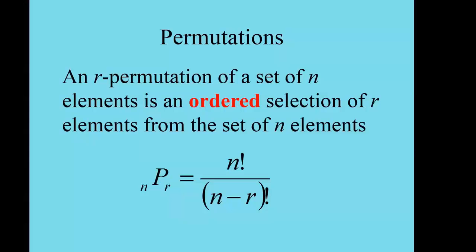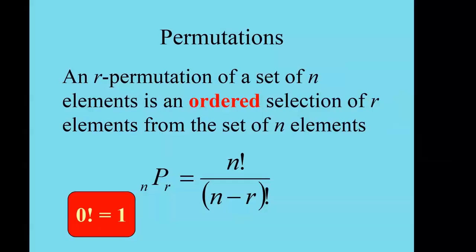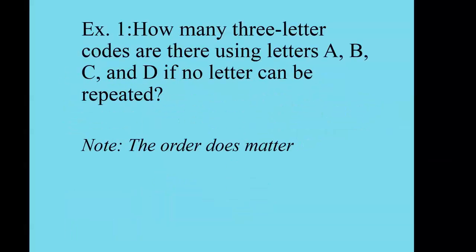Okay, permutations. So permutations is when we are looking at a group of selected elements and we want a certain number of them at a time. So an R permutation of a set of n elements is an ordered selection of R elements from the set of n. That sounds terrible. We're going to look at some examples of this. Okay, going back to this, I have four letters, and I want three-letter combinations.